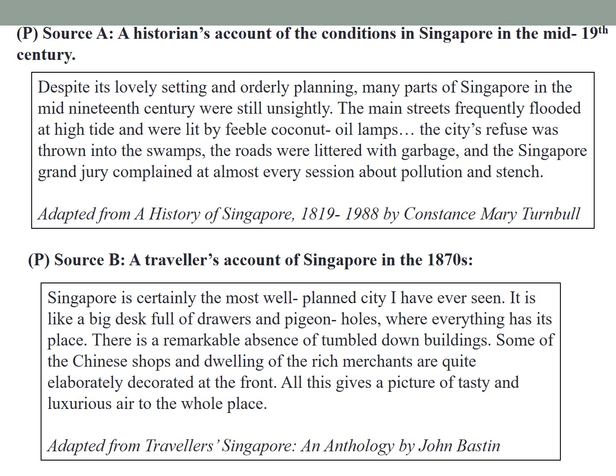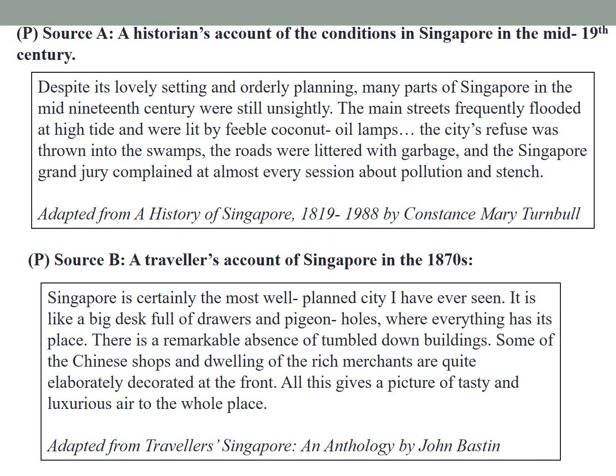So let's read source B. Singapore is certainly the most well-planned city I have ever seen. It is like a big desk full of drawers and pigeonholes where everything has its place. There is a remarkable absence of tumble-down buildings, old buildings, disused buildings. Some of the Chinese shops and dwellings of rich merchants were quite elaborately decorated at the front.